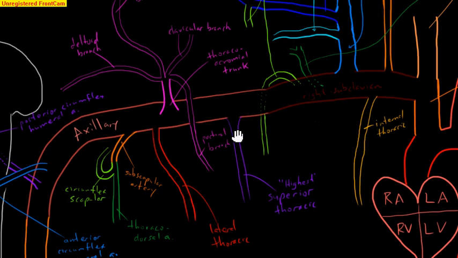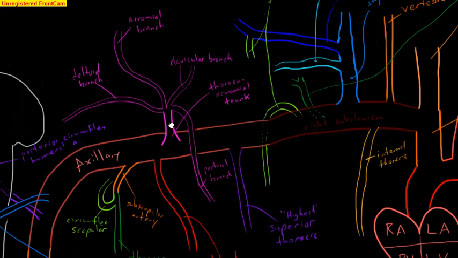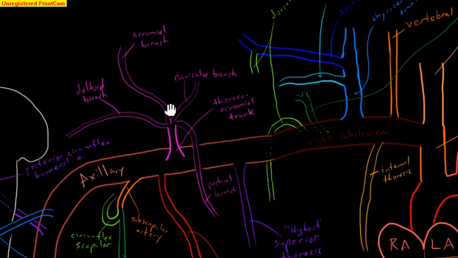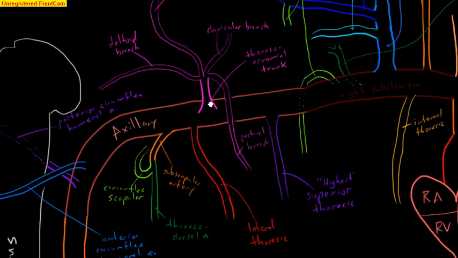The first one off, it's going to be the superior thoracic. If you remember, you can think of it as highest if you want to use the hotel wording. So you got superior thoracic. Then you have your thoracoacromial trunk with its 4 branches: deltoid, acromial, clavicular, and pectoral branches.